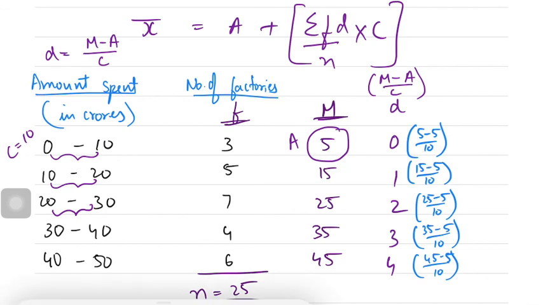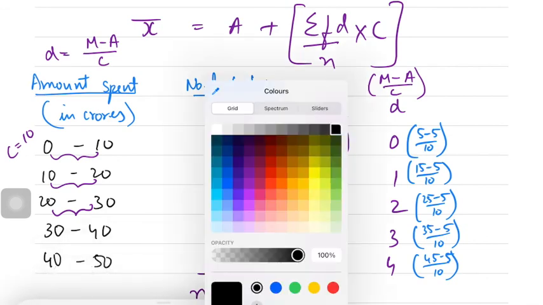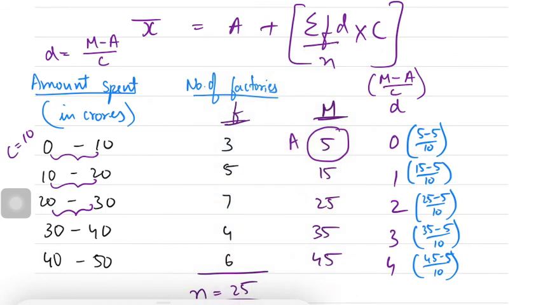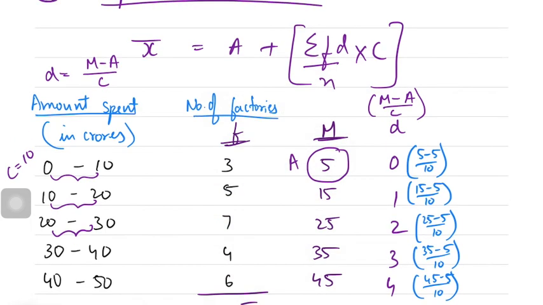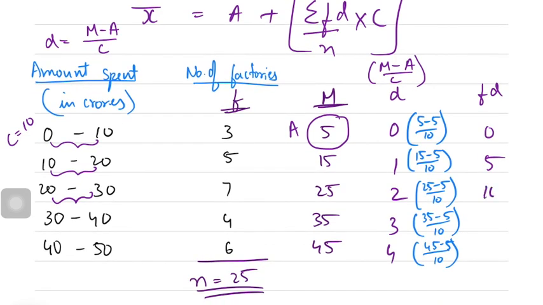Okay, and your next column will be FD, which is F into D. So 3 into 0 is 0, 5 into 1 is 5, 7 into 2 is 14, 4 into 3 is 12, and 6 into 4 is 24.